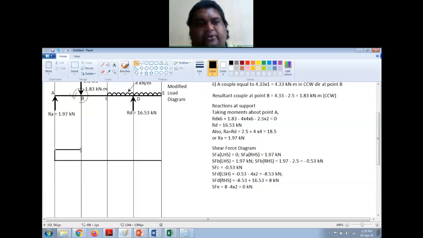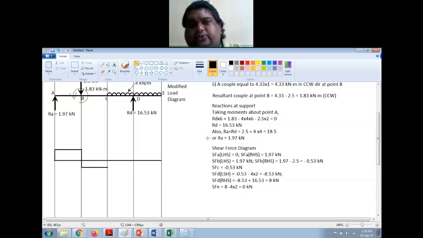From here to here it will remain constant. SFB LHS is 1.97, RHS is minus 0.53. So there is a dip here. Now between B and C, again it remains constant. Just draw a horizontal line like this.